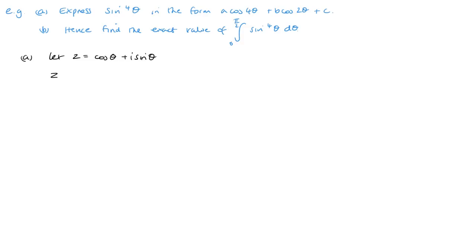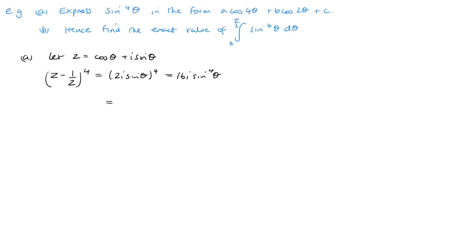Then we want to find sine, so we want z minus 1 over z to the power 4. And that's going to be 2i sine theta to the power 4, which will be 16 sine to the power 4 theta.